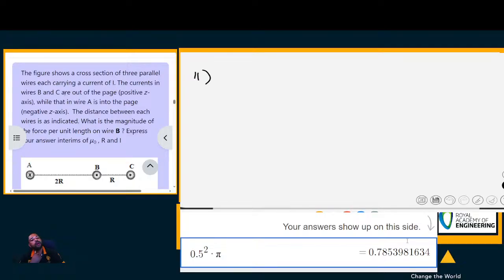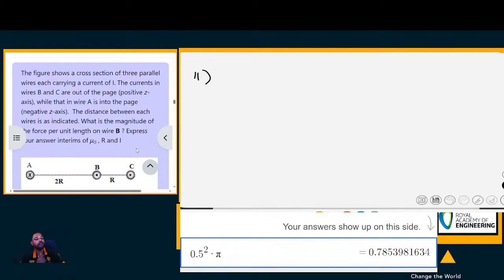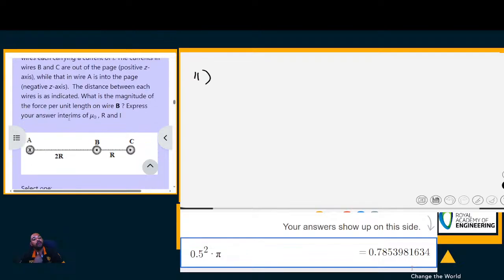The currents in wires B and C are out of the page, in the positive z-axis, while wire A is into the page, in the negative z-axis. The distance between each wire is indicated as 2r and r. What is the magnitude of the force per unit length on wire B? Express your answer in terms of mu naught, r, and I.